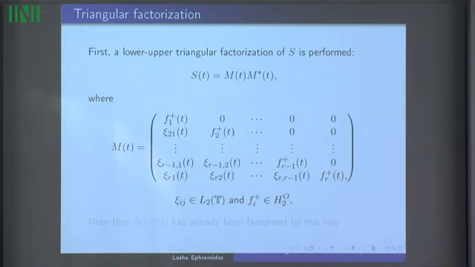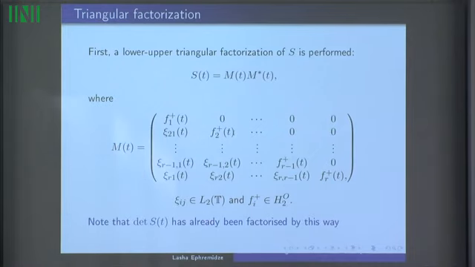Now let me start explaining the method. First we do a triangular factorization. This is the first step in this algorithm, with diagonal terms being outer scalar spectral factors, outer functions, and off-diagonal terms which are of course not analytic in this representation.